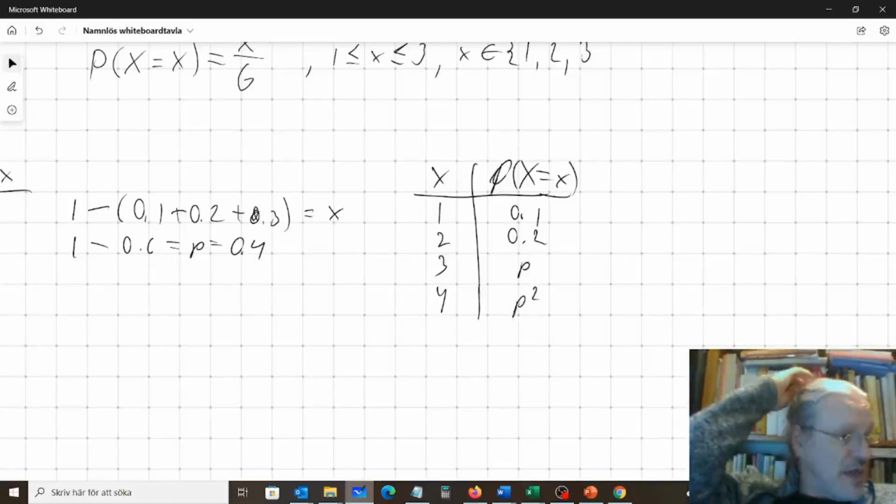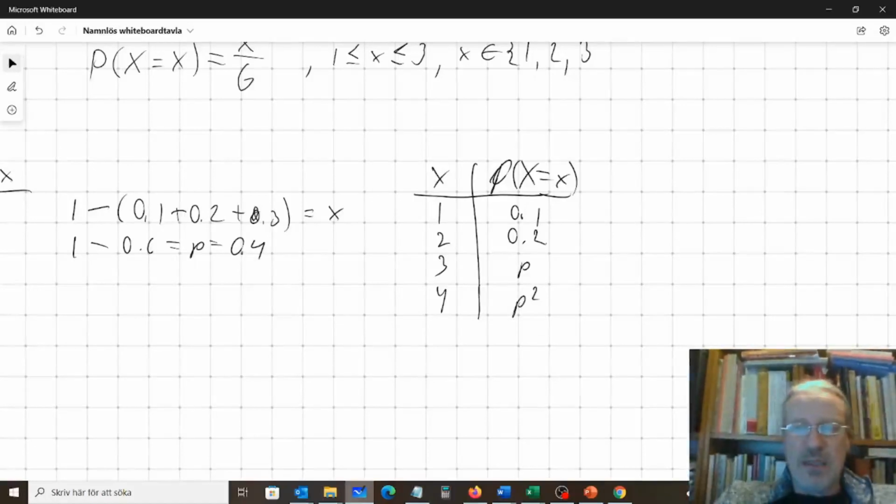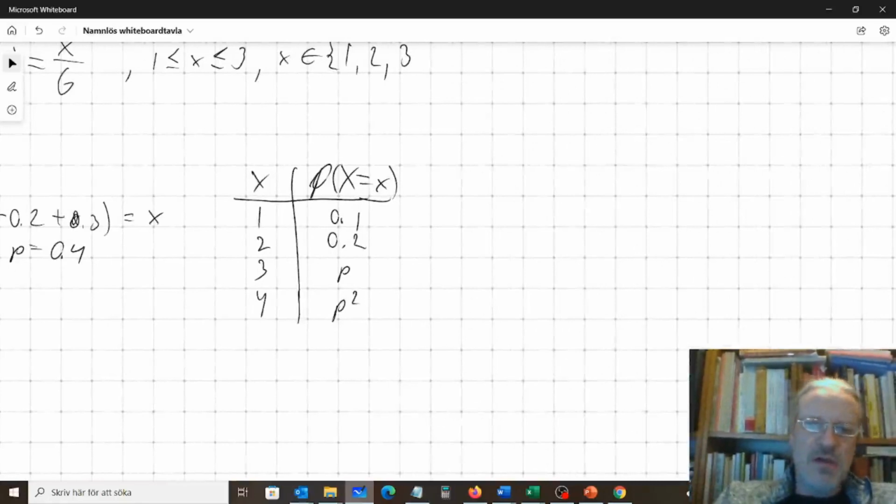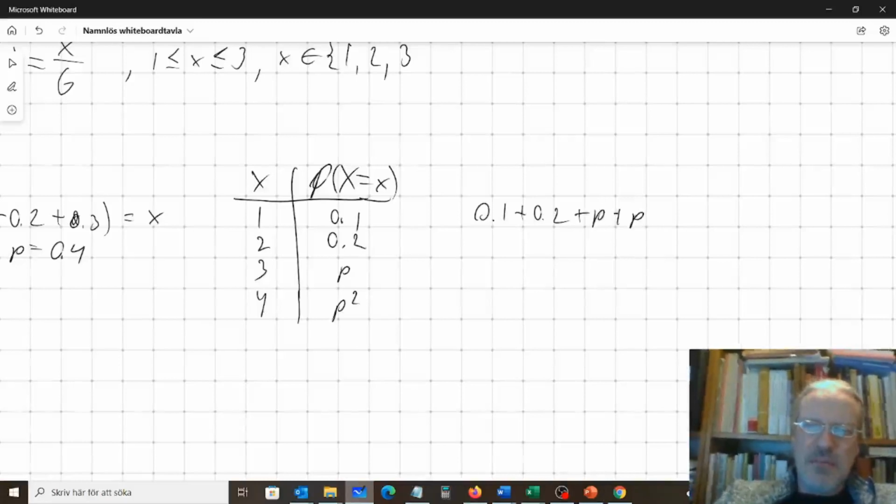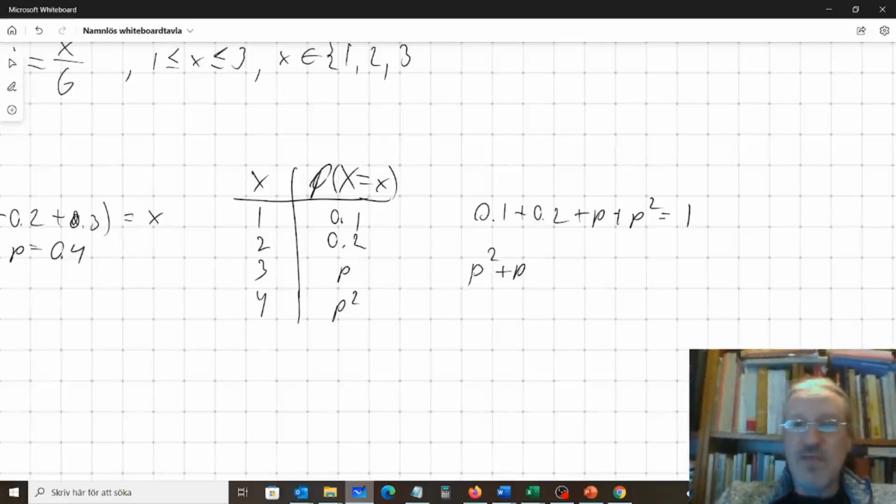And yet again we are asked to find the value of p. So what do we know here? We know that 0.1 plus 0.2 plus p plus p squared must be 1. The sum of these probabilities should be 1. So we can rearrange this to an ordinary quadratic: p squared plus p, and then if we subtract 0.1 plus 0.2 and subtract the 1, that would be minus 0.7 equals 0.